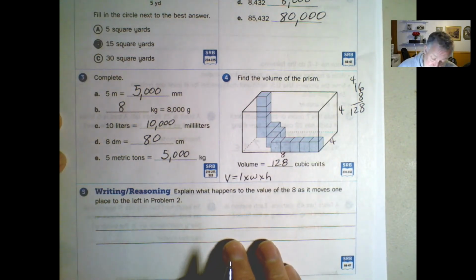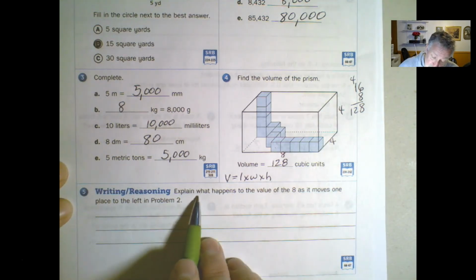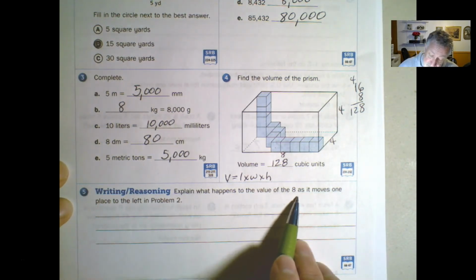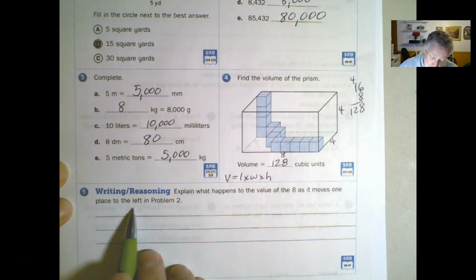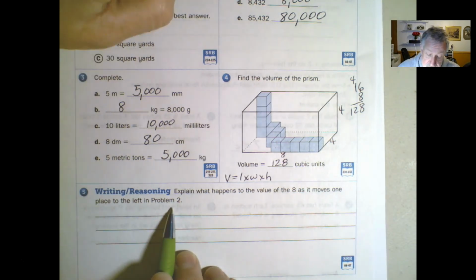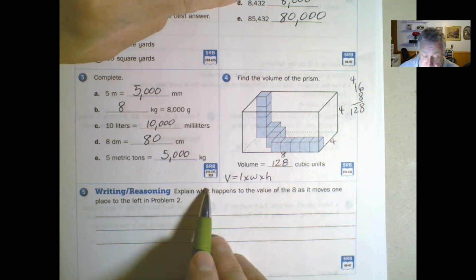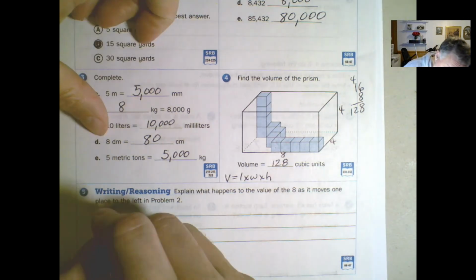And question number 5. Explain what happens to the value of 8 as it moves 1 place to the left in problem 2. So we're starting with the 8 here, and we're moving to the left each time 1 place.